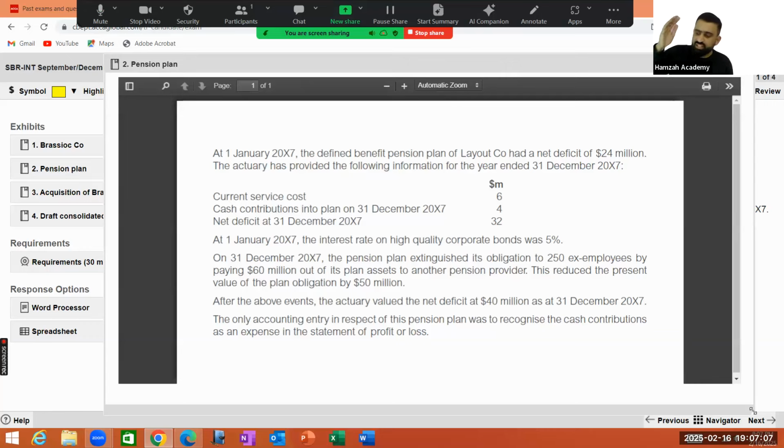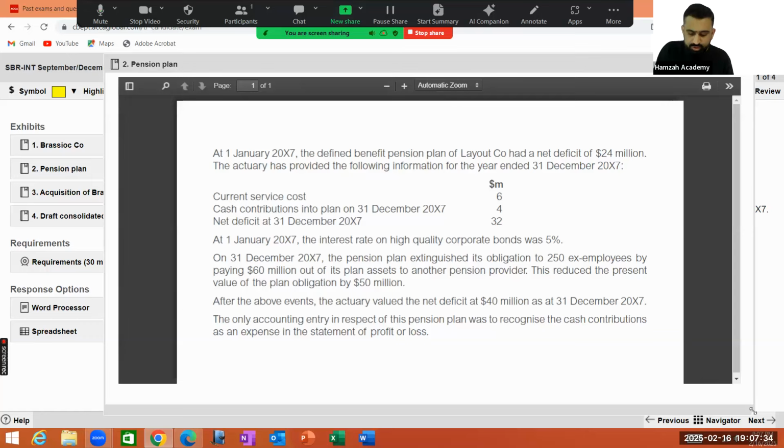The value of the asset decreased by 60 and the value of the obligation decreased by 50 due to this settlement of the plan. After the above event, the actuary valued the deficit at $40 million at December X7. The only accounting entry in respect of the pension was to recognize the cash contribution as an expense in a statement of profit and loss account.